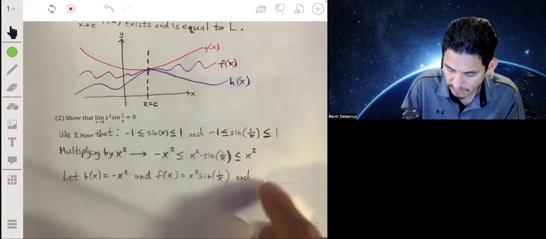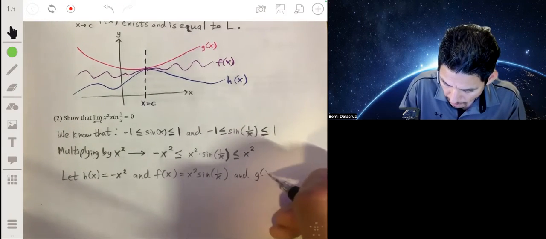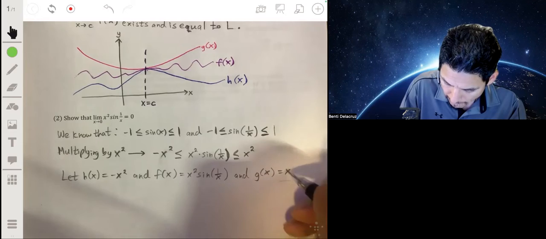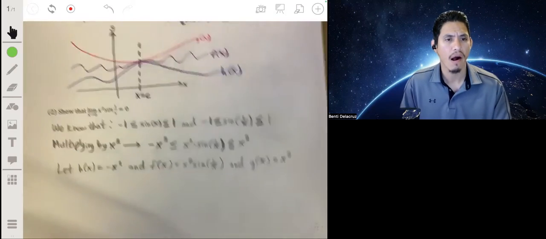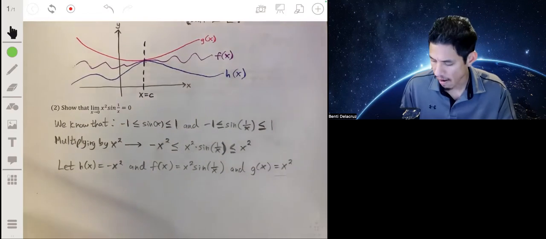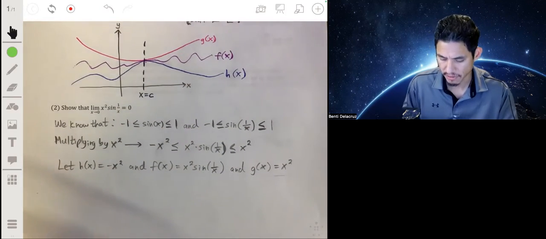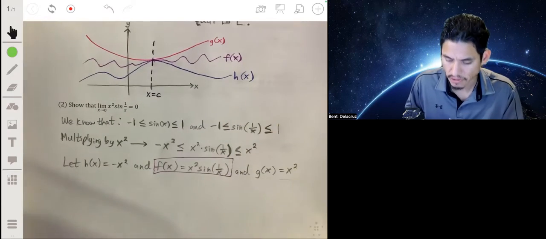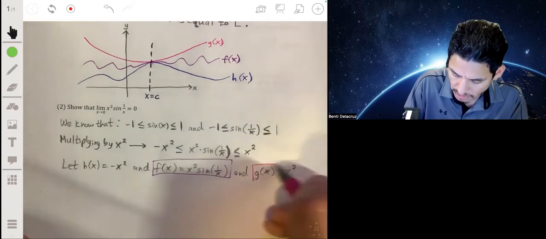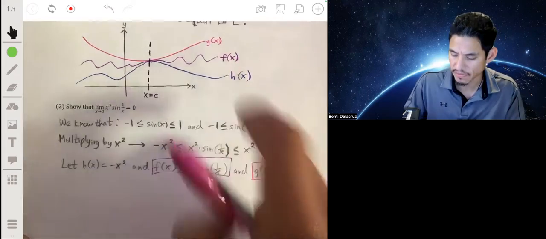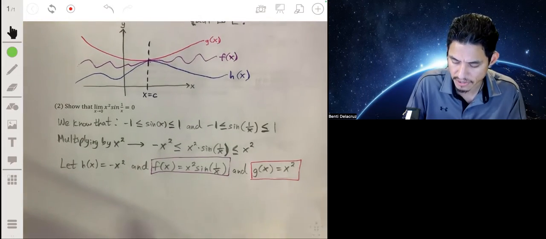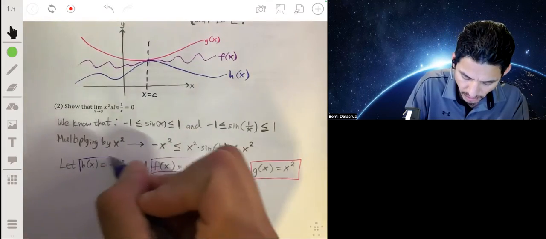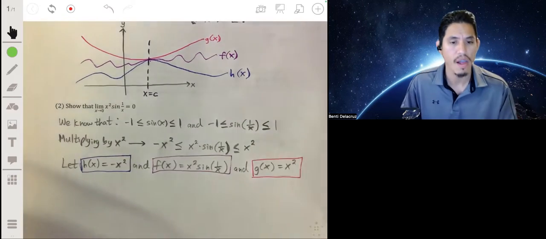And then g of x will be x squared. Let me outline them so we can compare. So g of x will be the tallest function, the big function. f of x will be the middle, and h of x will be the bottom one.